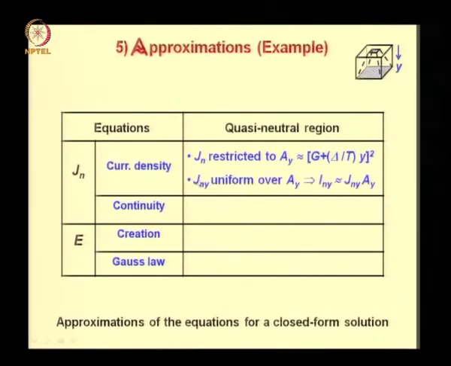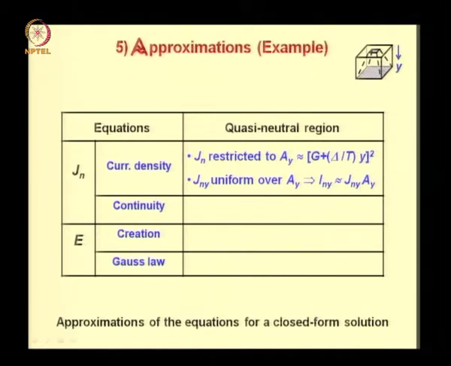And the next approximation related to Jn is that Jny, the normal component of the current for electrons, is uniform over the area of cross section Ay. This means I of Ny, the total current I at any y across the horizontal plane, is given by the current density over that plane, Jny, which is uniform, multiplied by the area of cross section Ay.